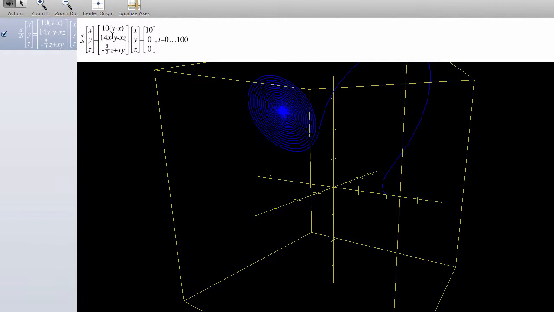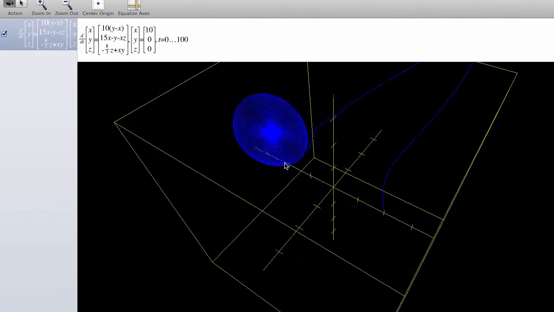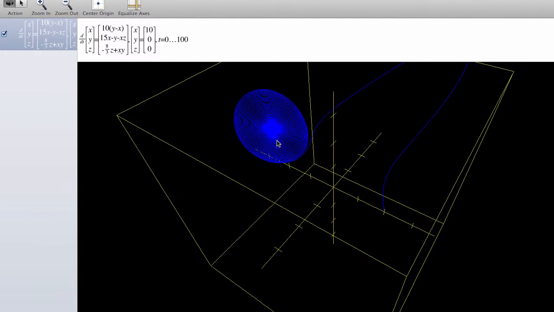I'm going to increase that parameter a little bit more here to 15. Oh, look, it's very slow. It's still wrapping around, still getting closer and closer. But now watch what happens when we increase it a little bit more: 15.2, still going in there, 15.3, still doing it, a little weirder there, 15.7.